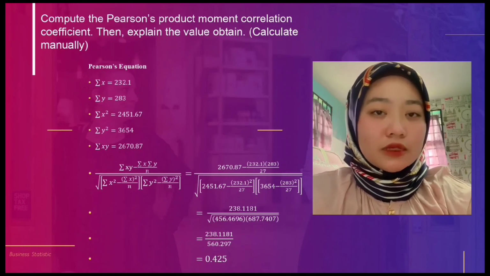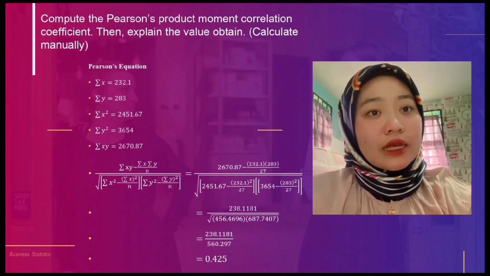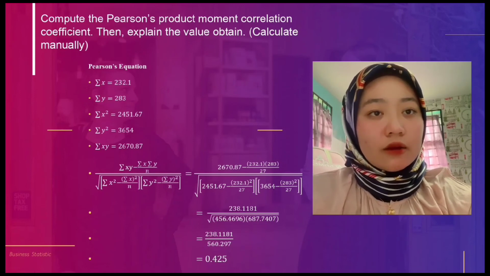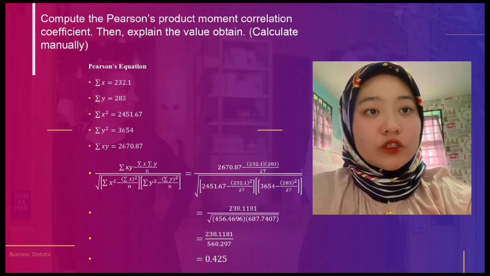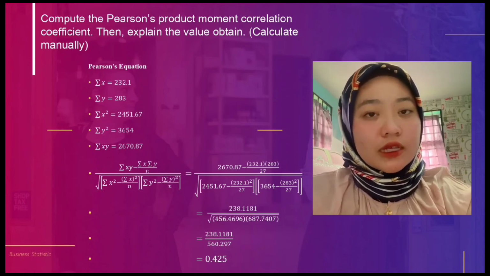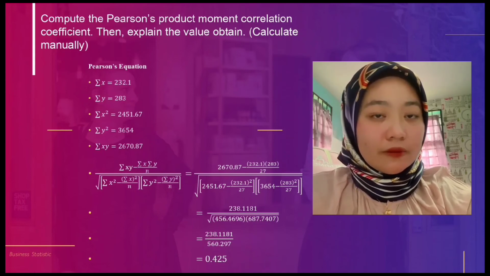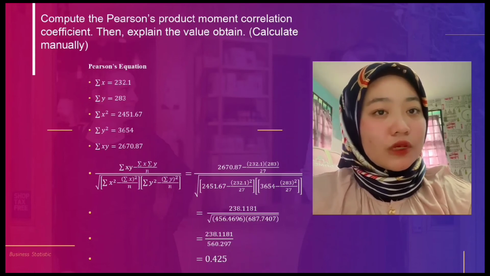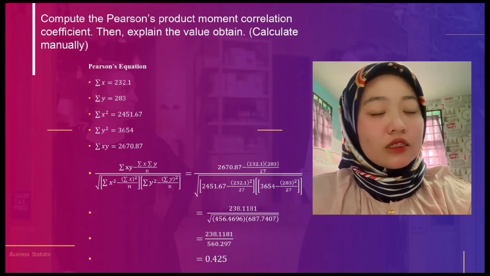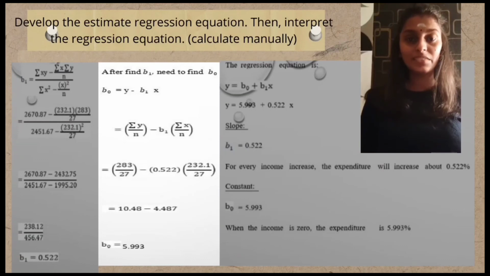Then I substitute the values that I get into the formula. I will get 238.1181 over the square root of 456.4696 times 687.7407, and the final answer would be 0.425.